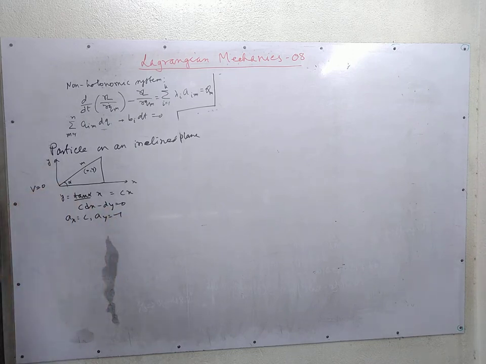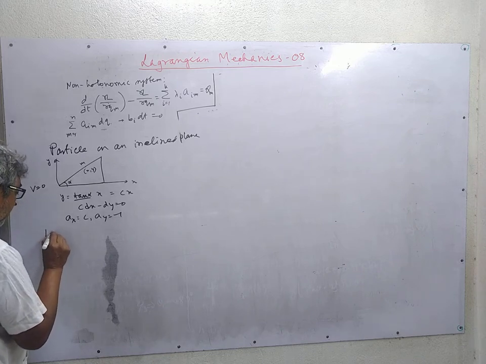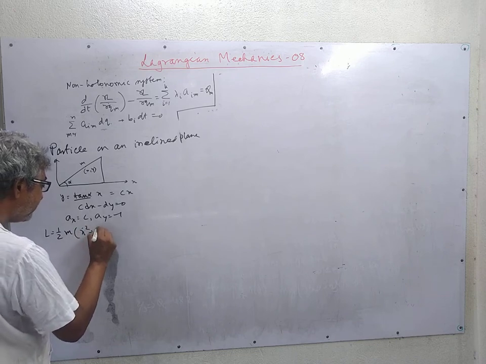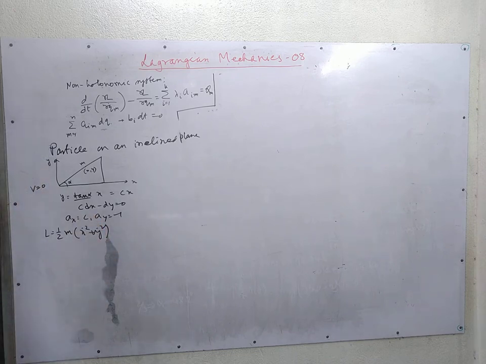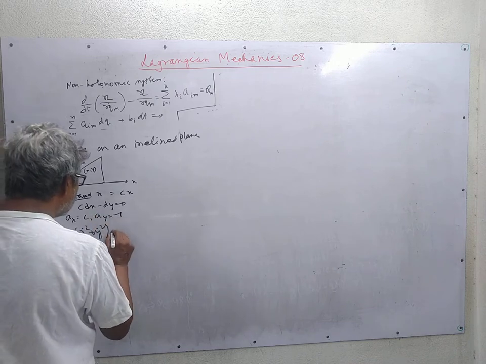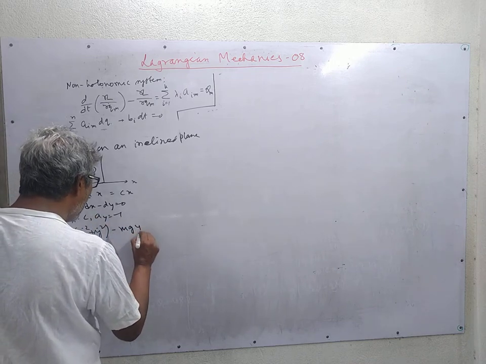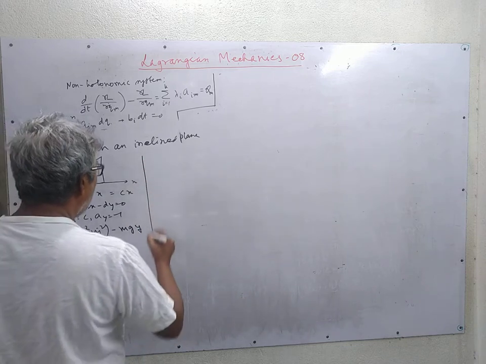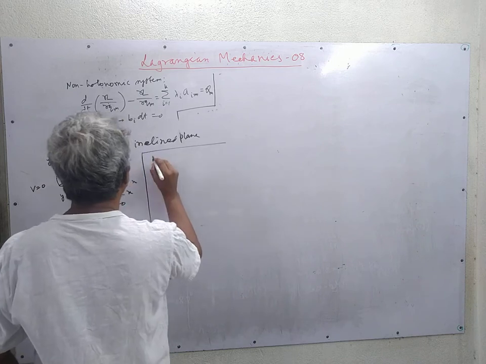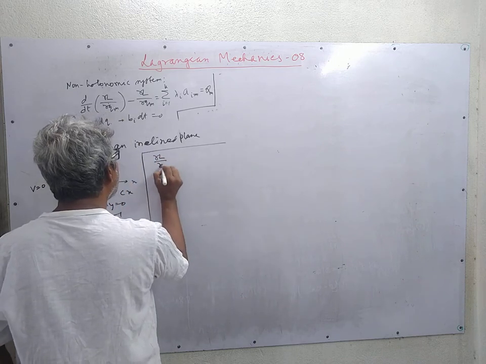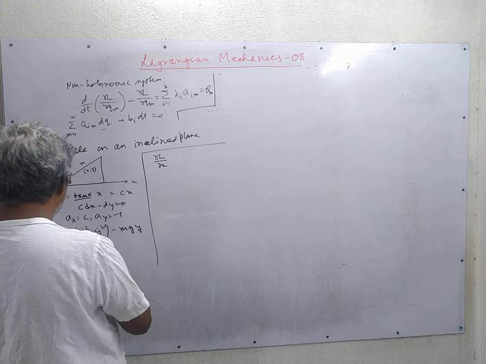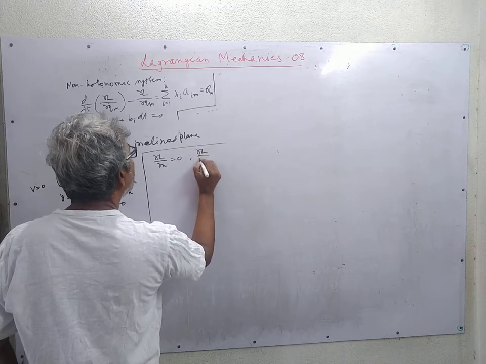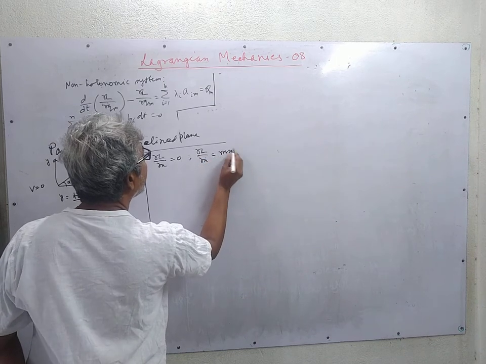And the Lagrangian is half m times x dot square plus y dot square. This is the kinetic energy part, and the potential energy is minus mgy. If we solve the Lagrange equation, del L by del x is equal to 0, and del L by del x dot is equal to m x dot.